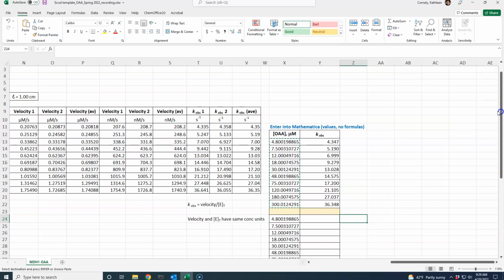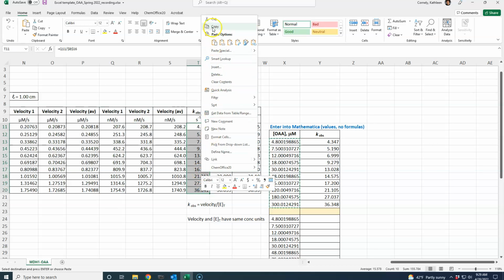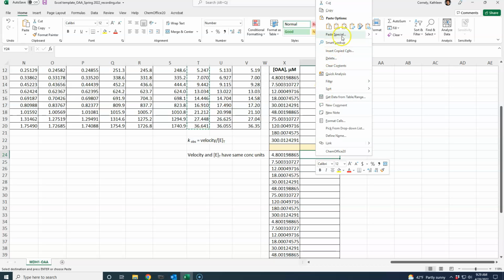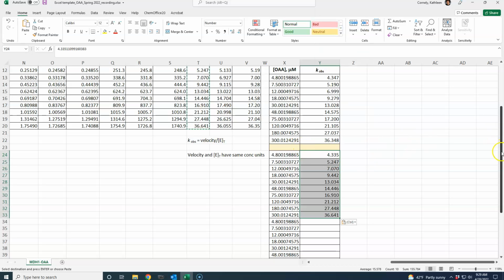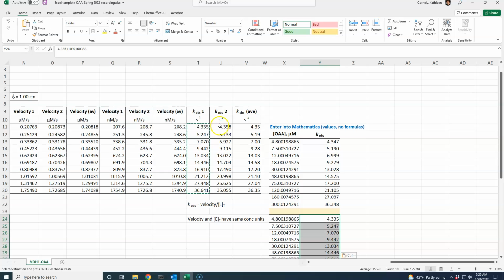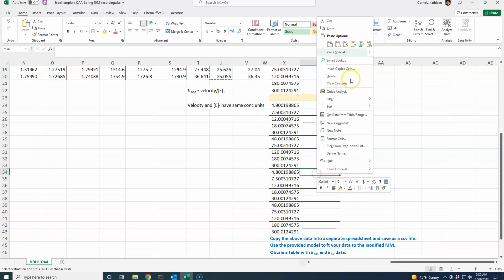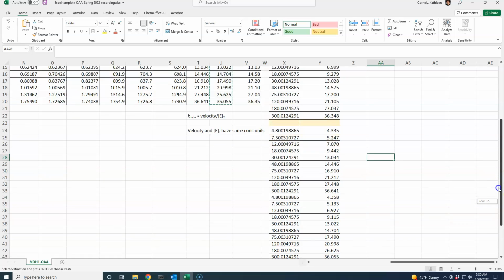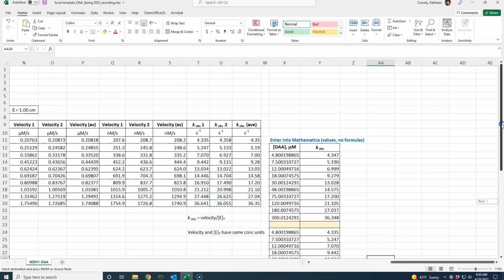For trial 1, K observed is here, again, copy, but when I go over here, I'm just going to paste the numbers. That's trial 1, and this is trial 2. Copy and just paste the numbers. And now I have something I can put into Mathematica.